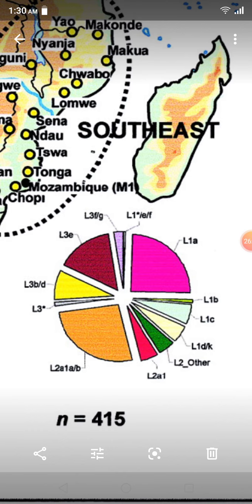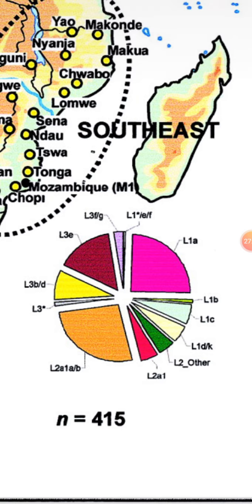So you have a big sample pool of L2A1A/B. And then the next group is L2A1. So these are signature groups in that area.